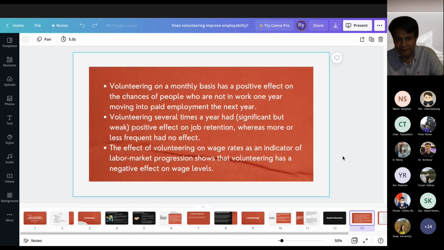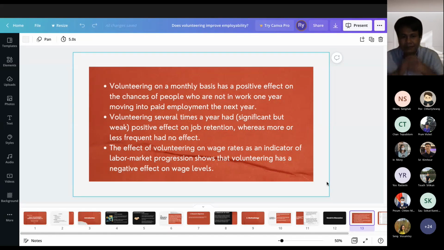And for age, people aged around 45 to 60 who undertook monthly or slightly less frequent volunteering had a positive effect on the chances of moving into employment, whereas for people aged between 26 and 44, volunteering has very little effect, either positive or negative.